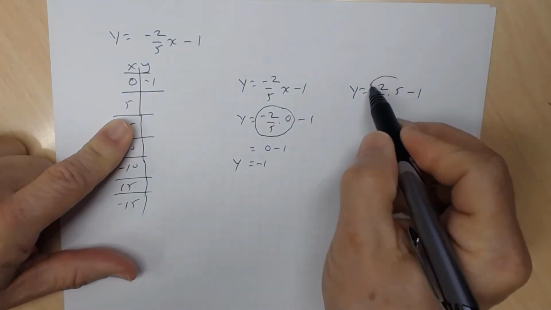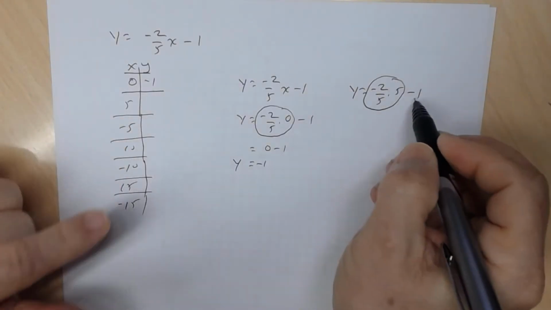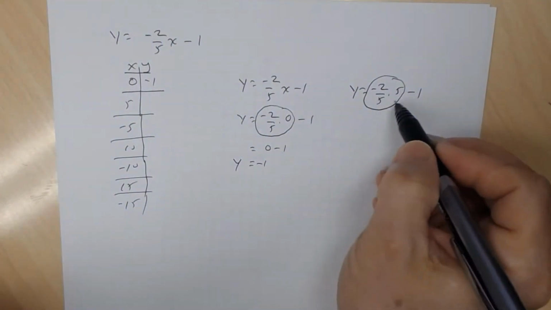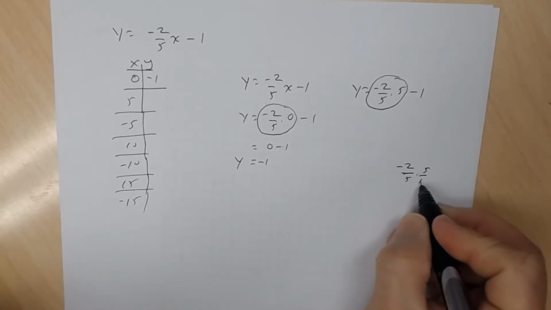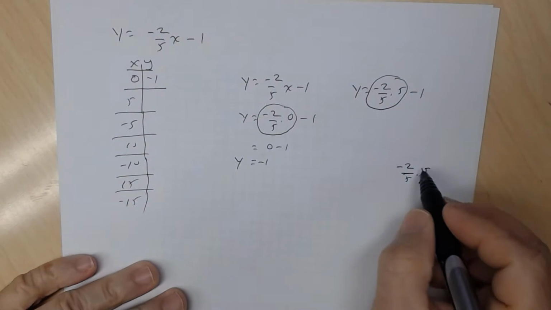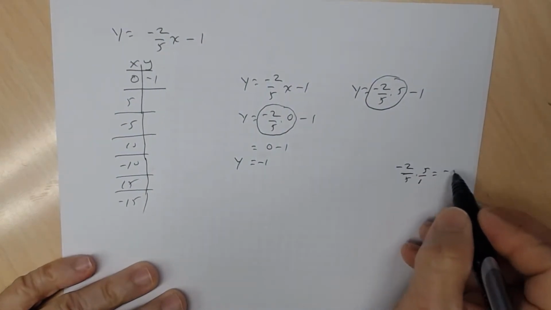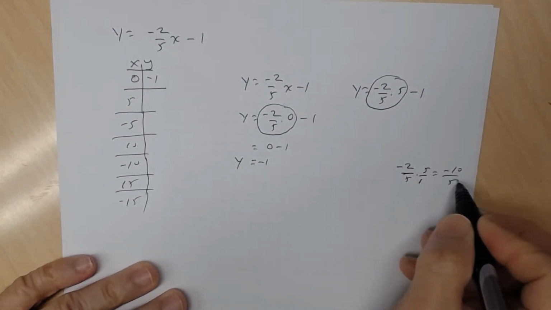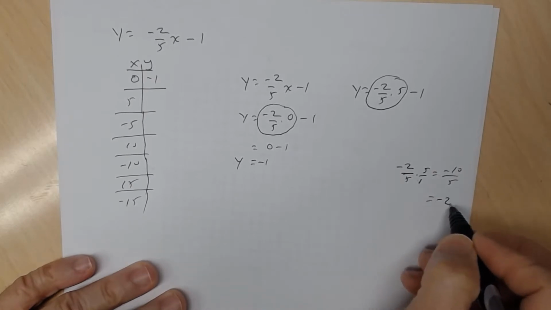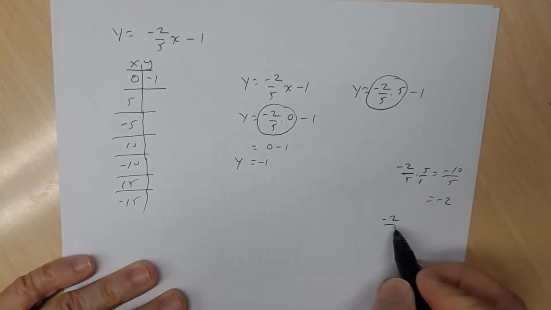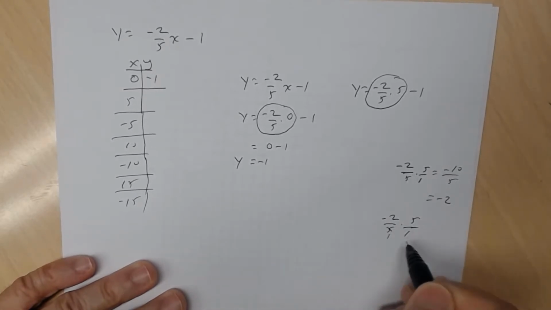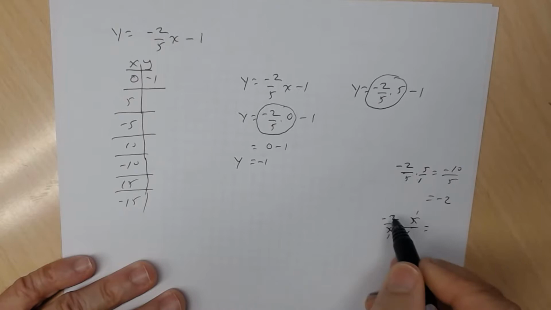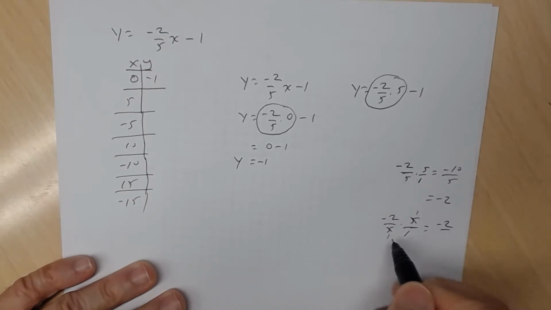So remember, you've got to do the multiplication first, before subtraction. So let's figure out what negative 2/5 times 5 is. So negative 2/5 times 5 over 1. So negative 2 times 5 is negative 10. 5 times 1 is 5, and negative 10 divided by 5 is a negative 2. Now remember, the other way you could have done that is to reduce first. 5 into 5 is 1, 5 into 5 is 1, negative 2 times 1 is negative 2, 1 times 1 is 1, so you get negative 2.